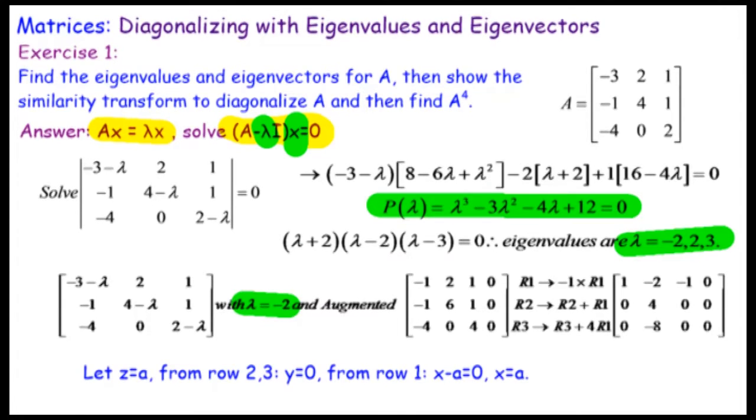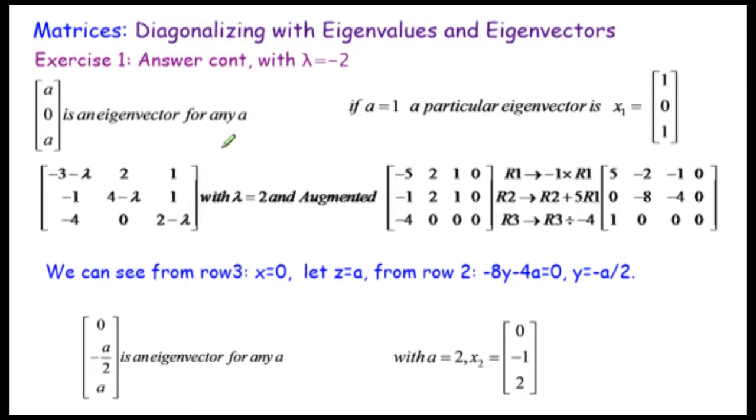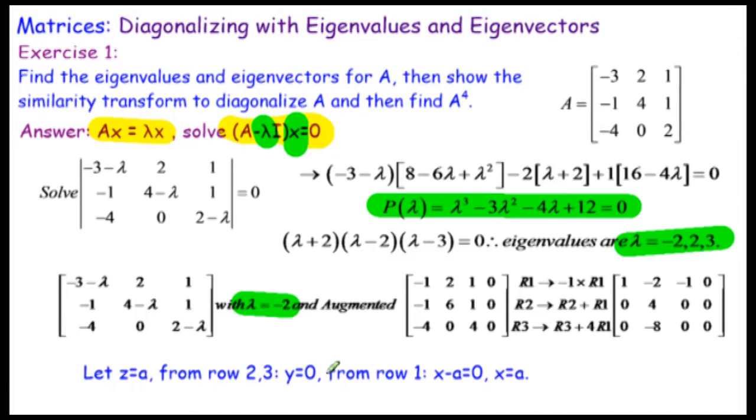All right, so first up, if you put in minus 2, I should go back and mention, if I have a quick look down the bottom, what do we have? We can see here 4y is 0, and minus 8y is 0.